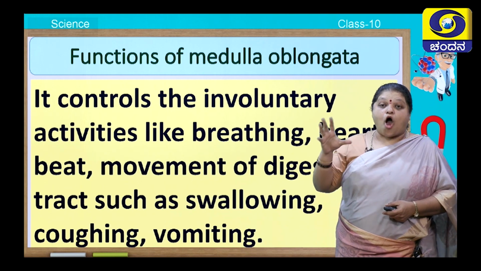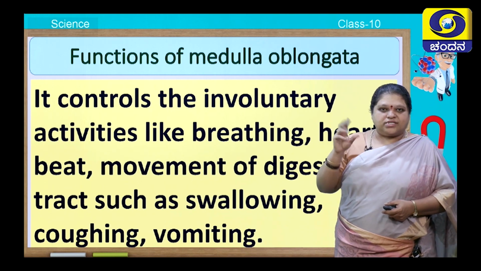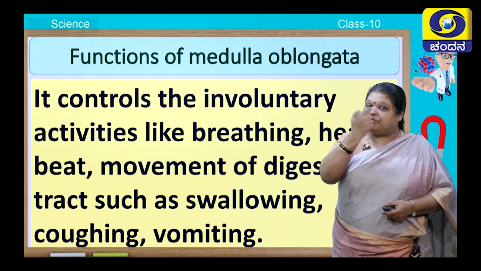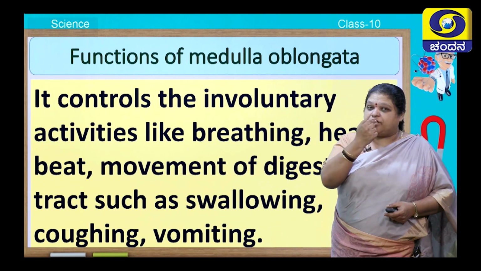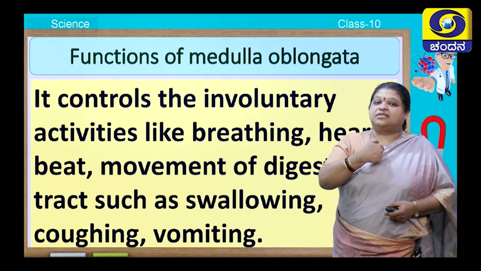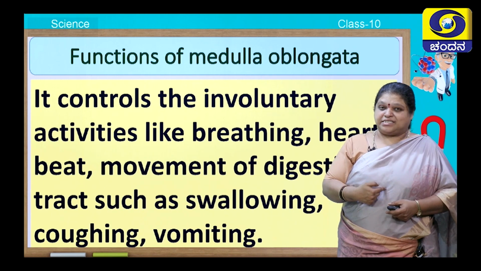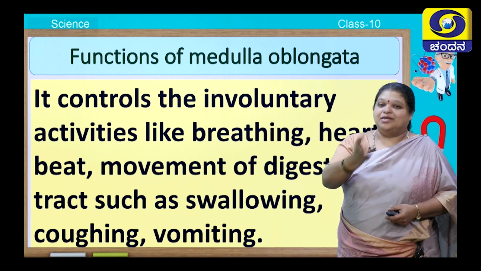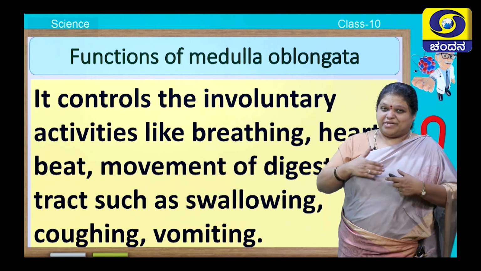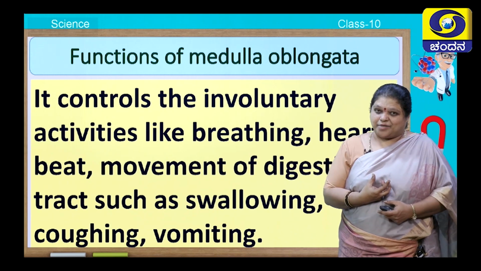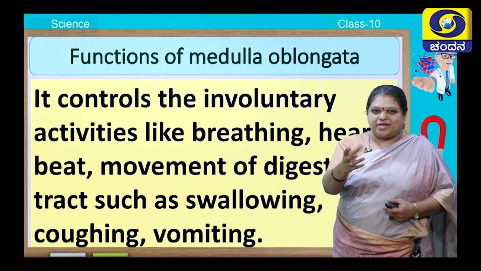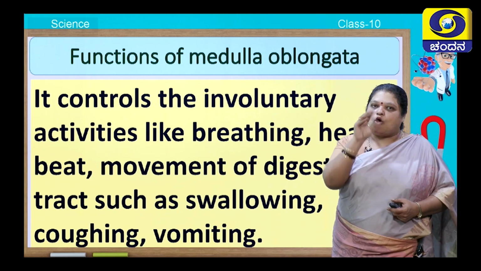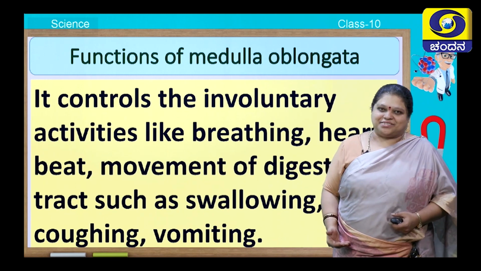Medulla oblongata starts with O. Remember that O. As soon as you open your mouth, O, it means digestion, enzyme secretion, swallowing, vomiting. Remember all those. Then as you go down, breathing, lungs. Then heartbeat. Just by remembering oblongata, O, you can remember all the functions.